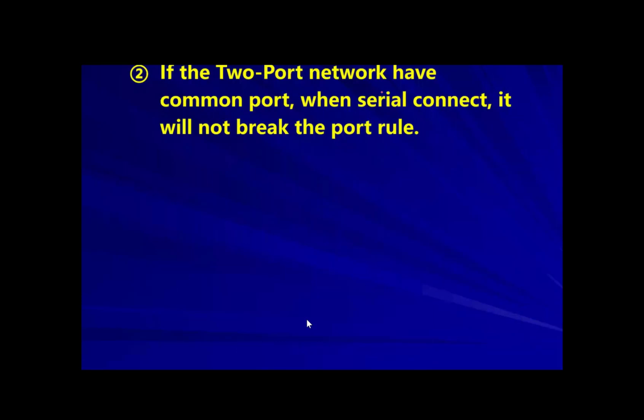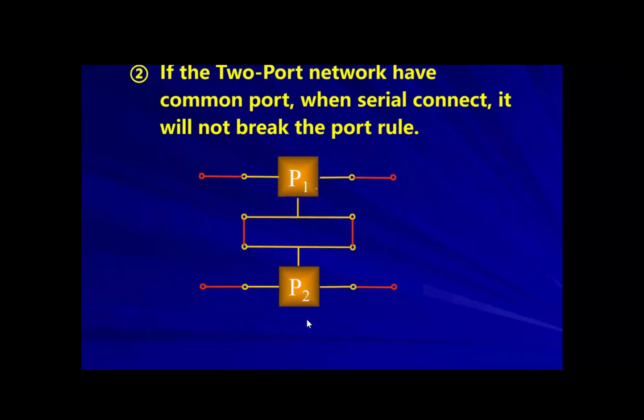If the two-port networks have a common port, when zero connect at the common point, it will not break the port rules. This is a special condition. P1 has a common point, P2 has a common point also. So this I1 flows in, this will flow out. This I2 flows in, flows out.